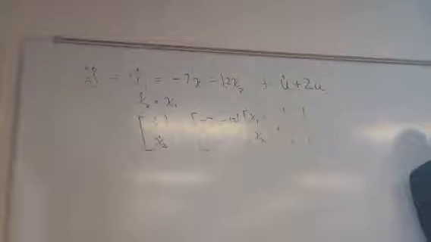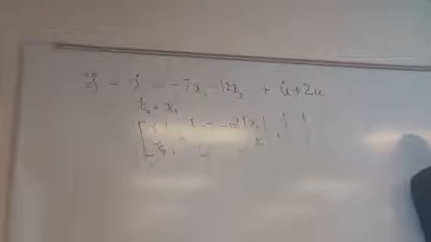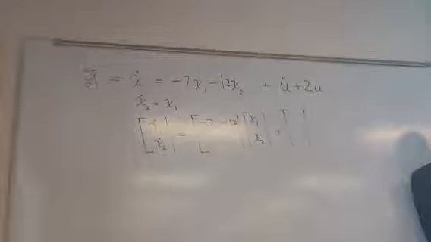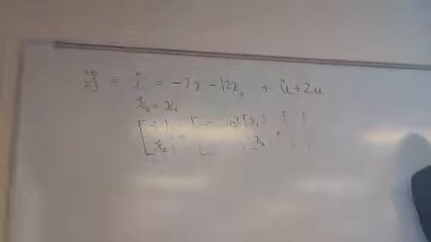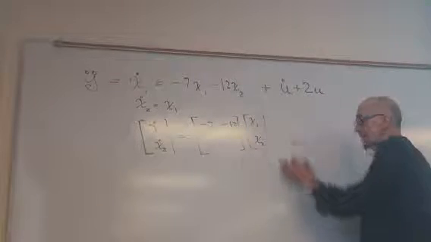How many inputs are there in this equation? 2. U is an input and U dot is an input. So then these guys are the 2 by 2. This is the more natural state space form.